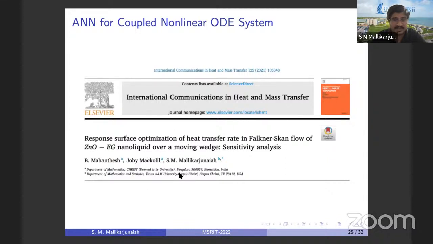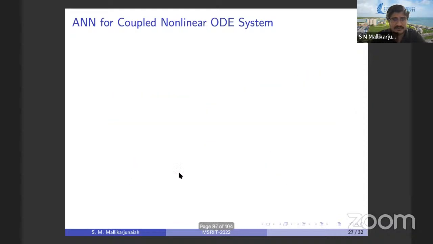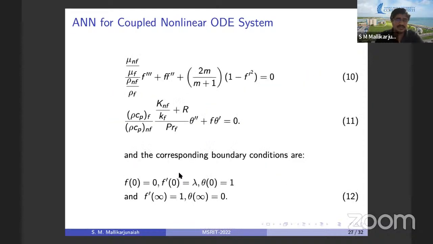We can compare the solution obtained from the neural network with the one published in that paper. And all the derivations, as I said before, are in that paper. But our goal is to approximate the solution to equations 10 and 11 subject to boundary condition 12.